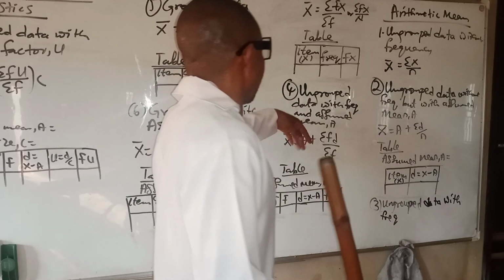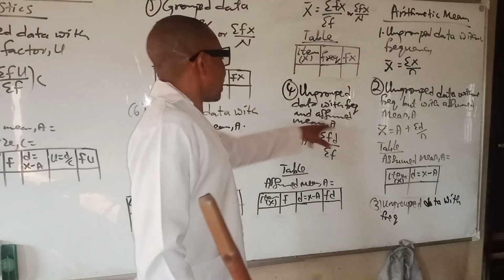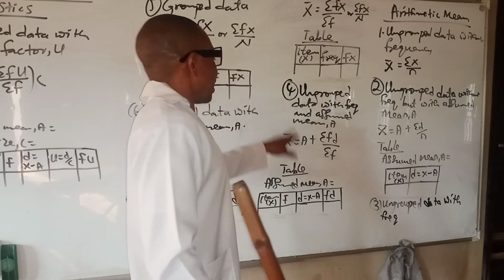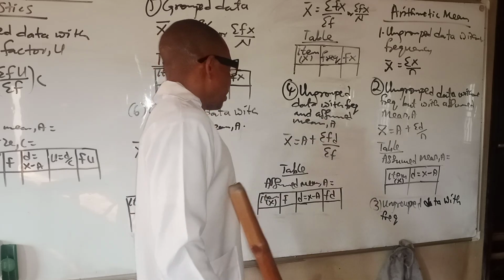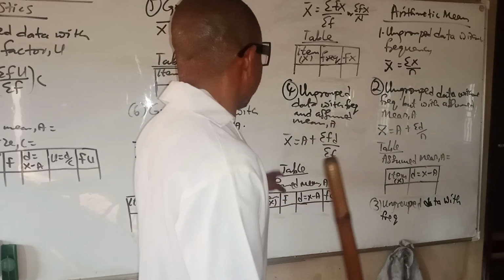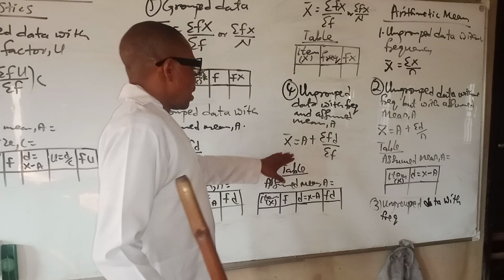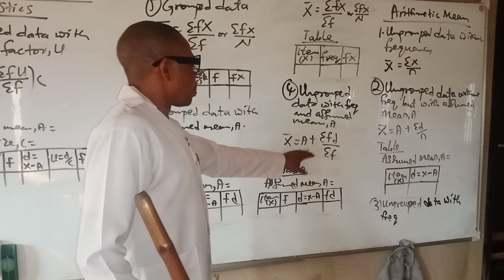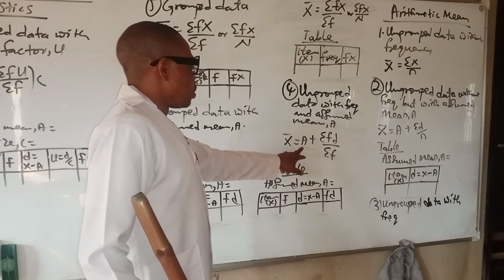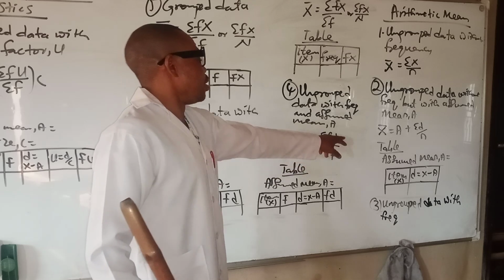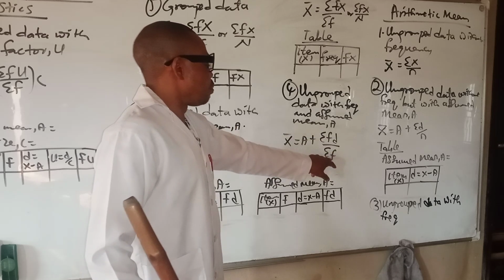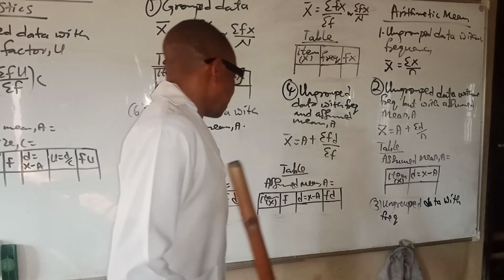The fourth formula shows ungrouped data with frequency and assumed mean. The formula for calculating the arithmetic mean here is x bar equals A, meaning assumed mean, plus summation fd all over summation f, showing total frequency.